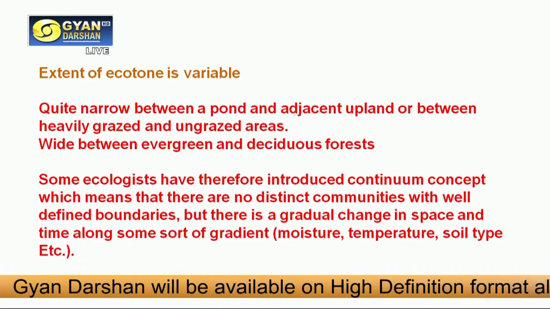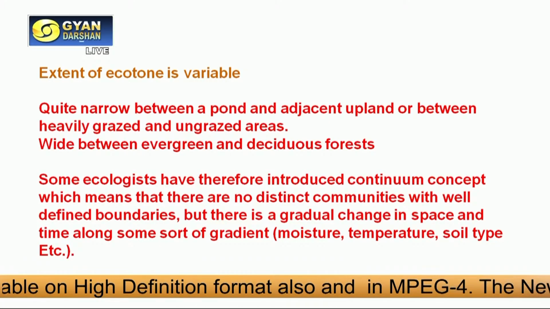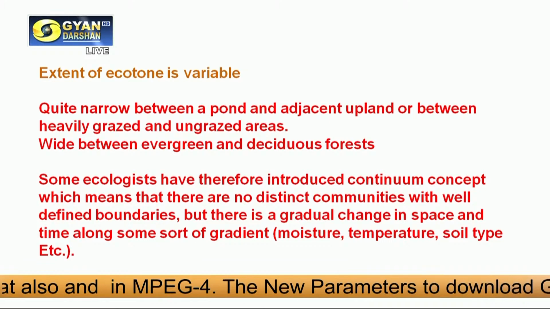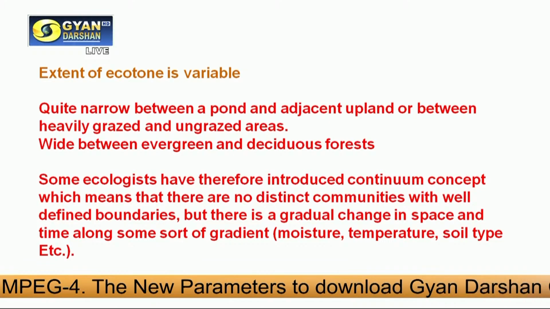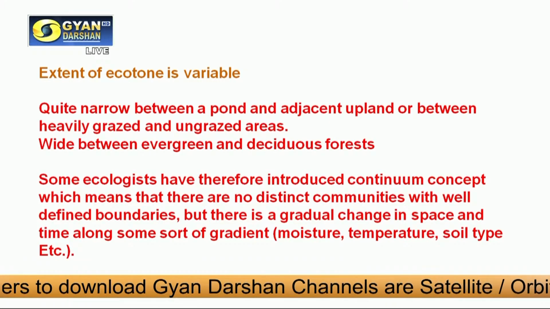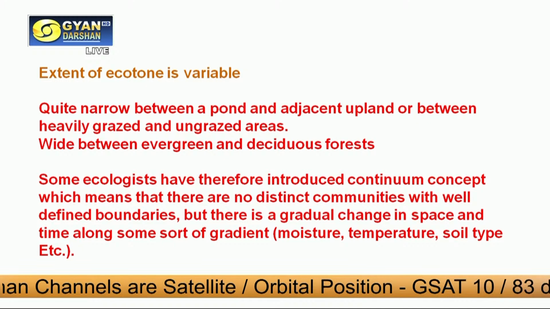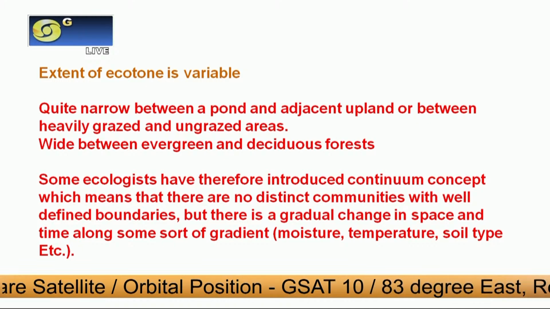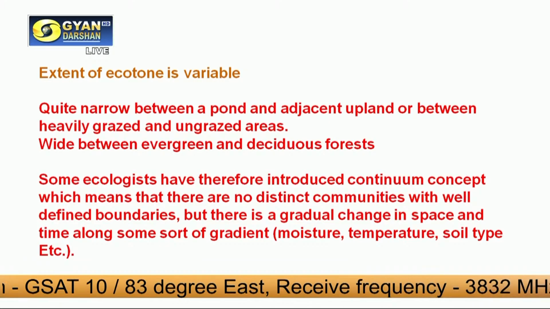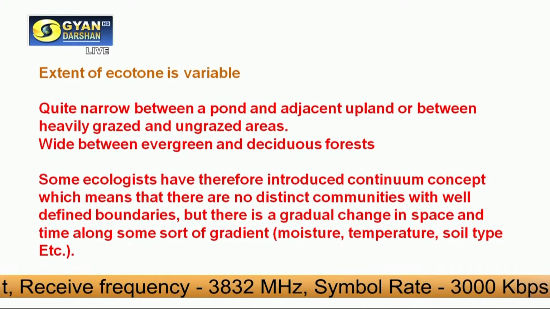But if you talk of evergreen forest and deciduous forest, the ecotone is wide. Therefore, some ecologists have introduced the continuum concept, which means that there are no distinct communities with well-defined boundaries. But there is a gradual change in space and time along some sort of gradient: moisture, temperature, soil, and such gradient is very common in plants.